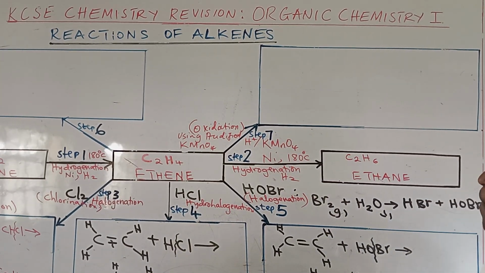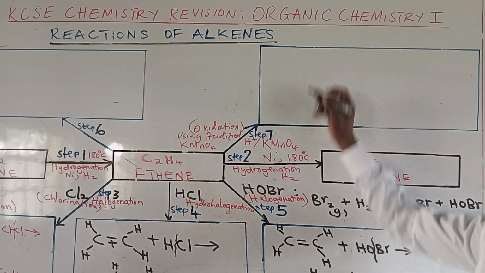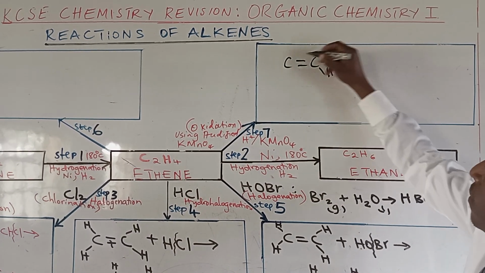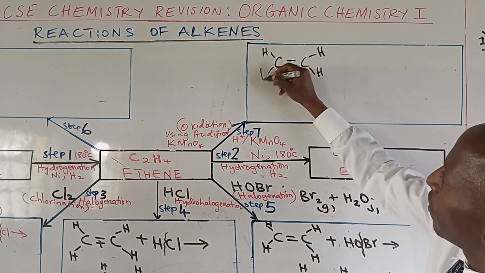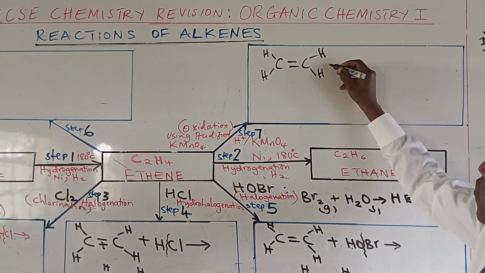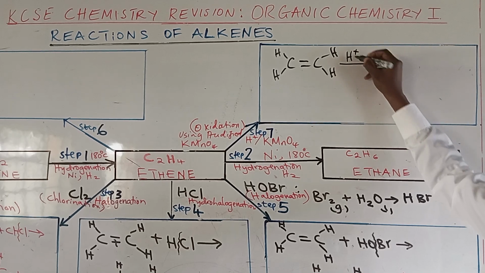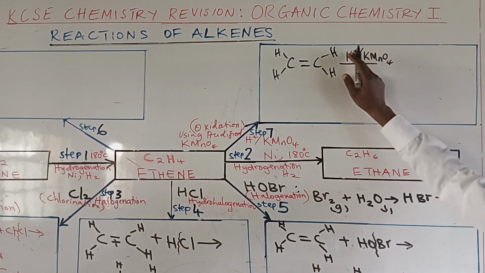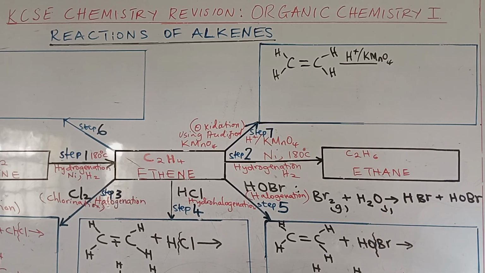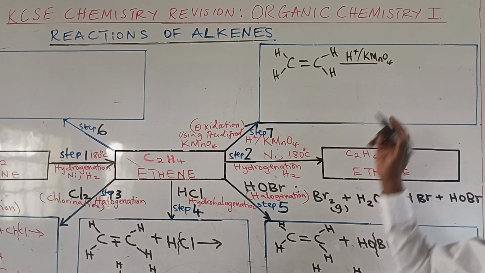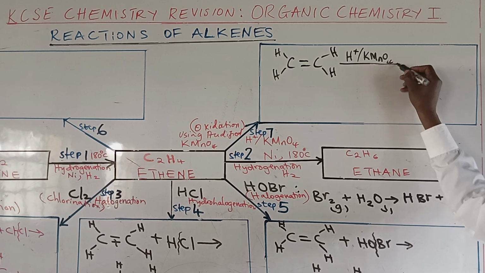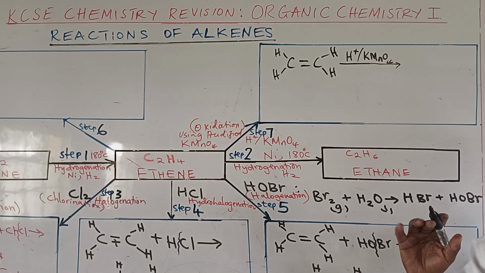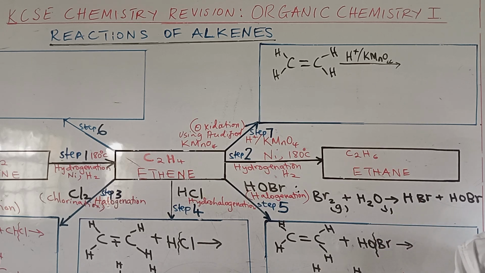We shall get it that ethene, we take that, that is the molecule for ethene, and we are going to react this with acidified potassium manganate. The H plus signifies acidification, presence of hydrogen ions in our oxidizing agent, potassium manganate, and this one takes place in a two-step kind of a reaction.